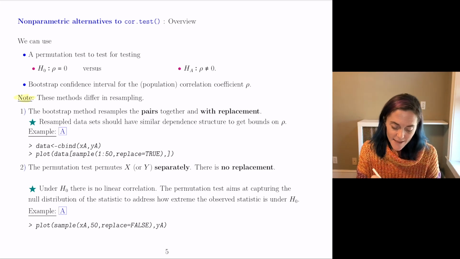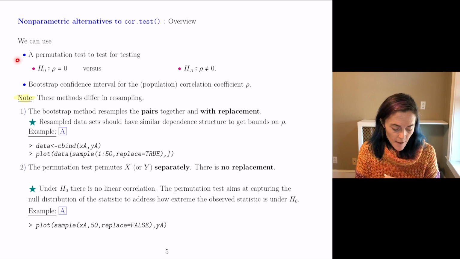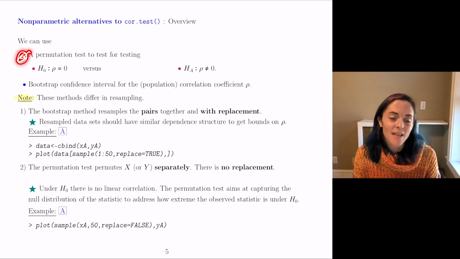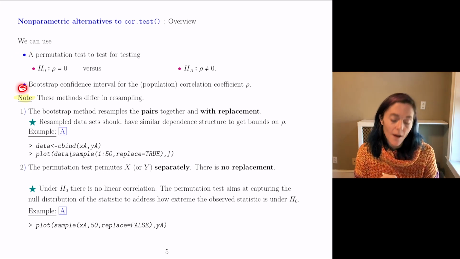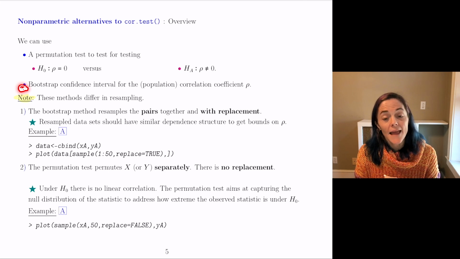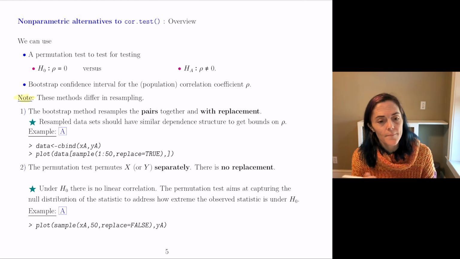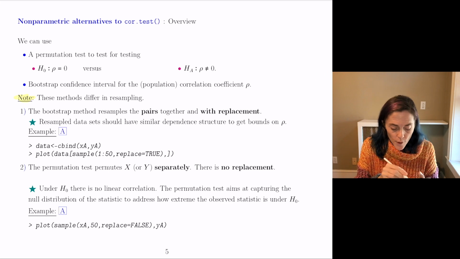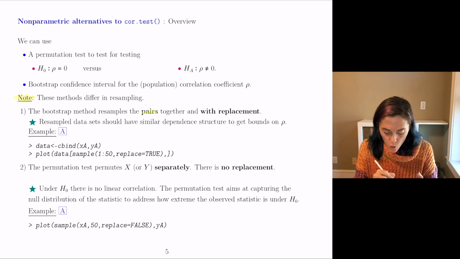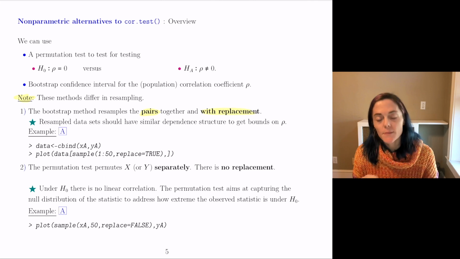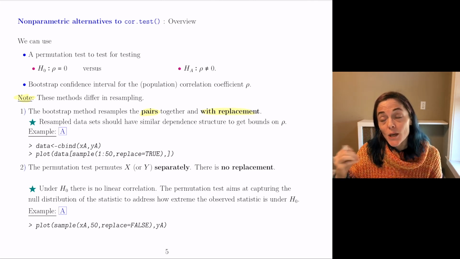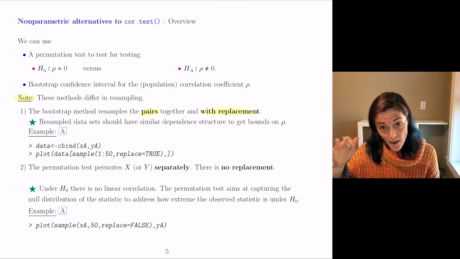So we've discussed very recently permutation tests. We also discussed bootstrap confidence intervals, and they are different but related. In the bootstrap method, it's important to understand that you have to resample the pairs together, and with replacement, we are creating these pseudo data sets at the same size.